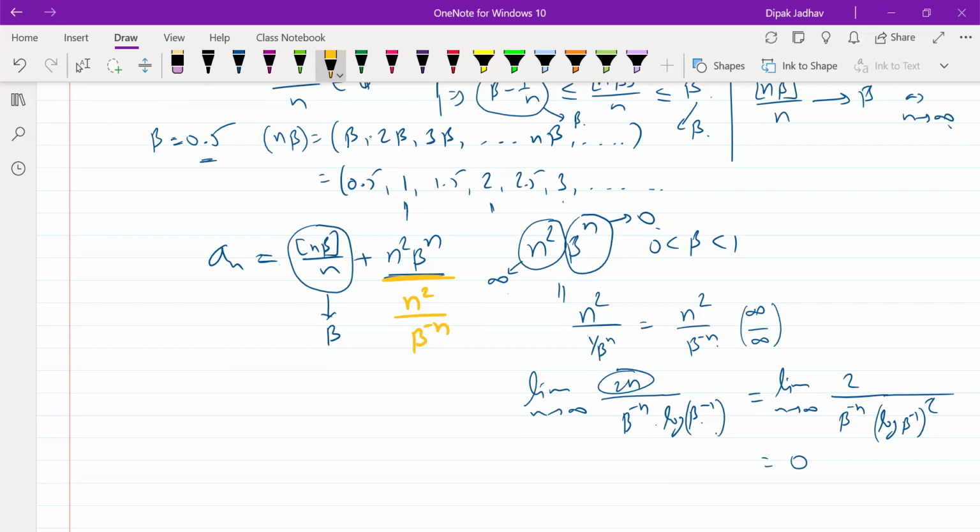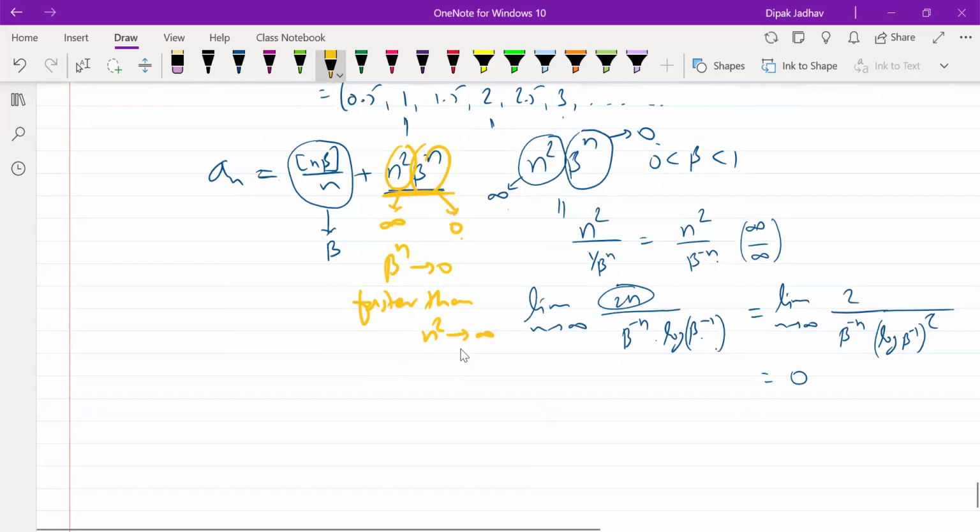This term is going towards infinity and this term is going towards 0. But beta raised to n goes towards 0 faster than n square going towards infinity. So the product will go to 0. That way also you can observe.